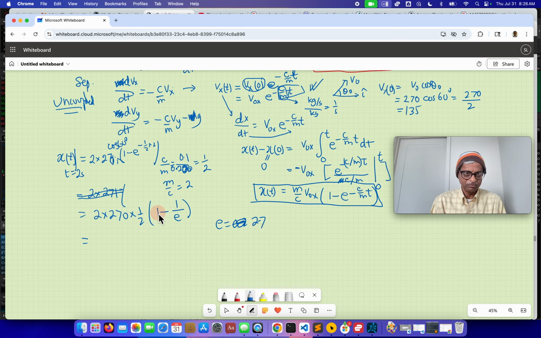So this will just become e minus 1 over e, and so the e and 2 cancel out, and you have a 270, e is 2.7, 2.7 minus 1, so this makes it 100, and this is 1.7. 1.7 times 100 is 170 meters.